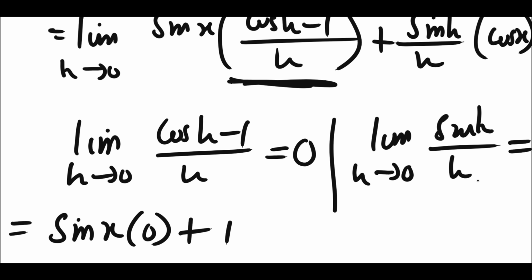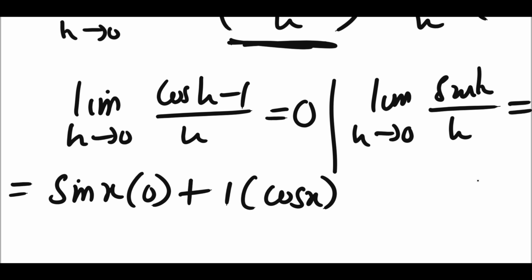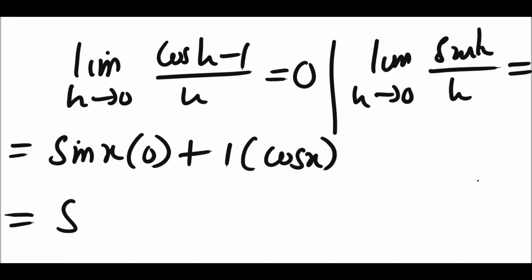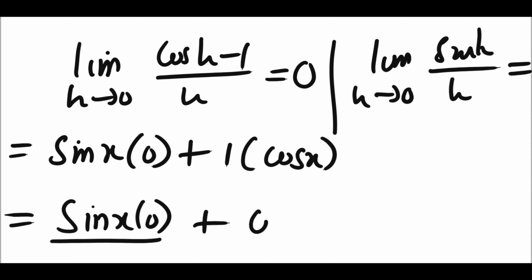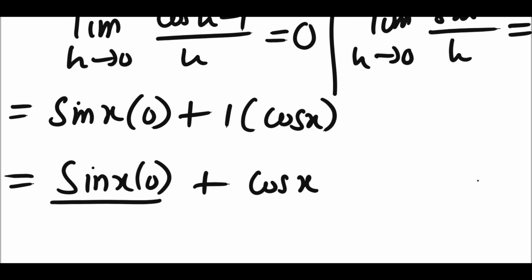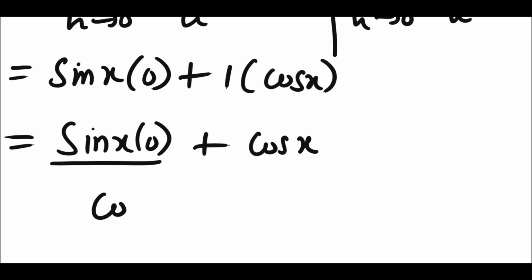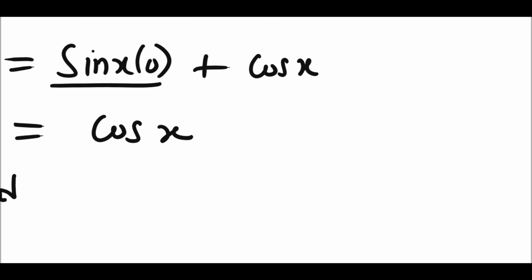And that will multiply cos x. So at the end, you are going to get sine x times 0, which is 0, then plus cos x. So we are going to get the result to be cos x. All right. So this implies that our dy dx is equal to cos x.